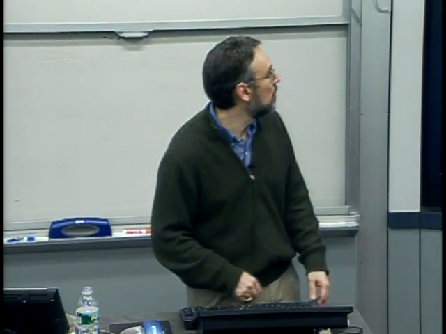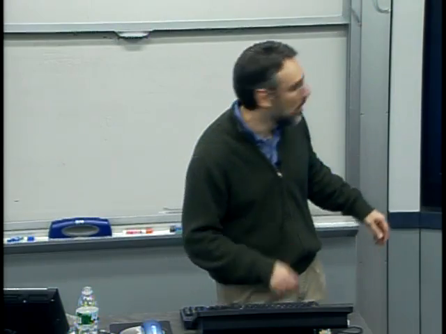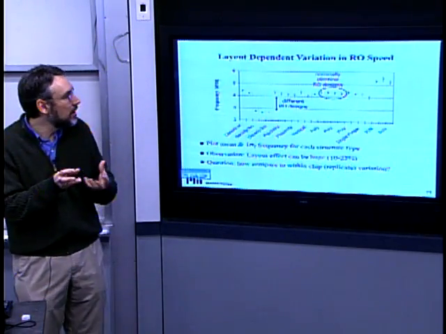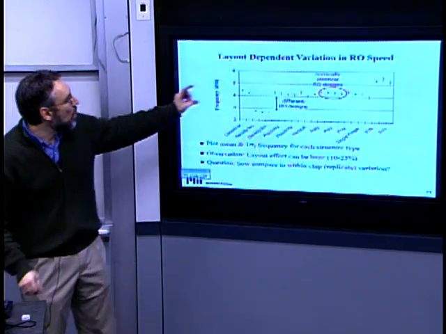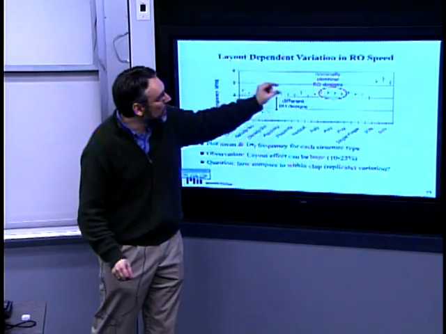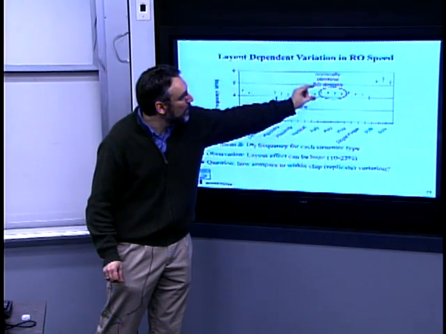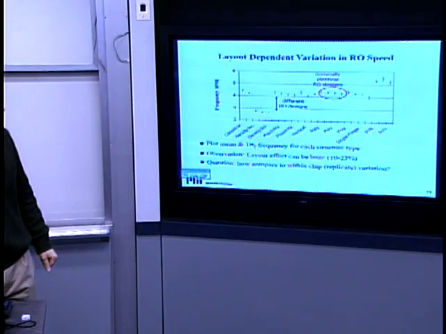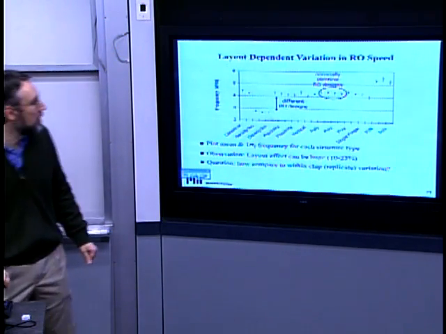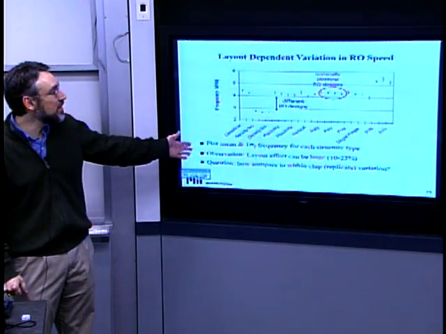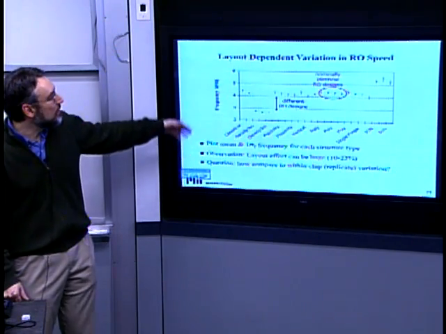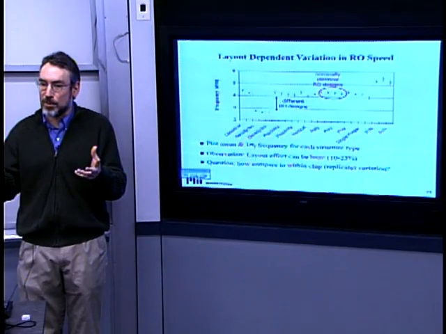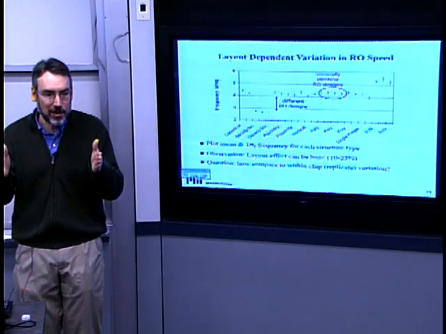You can also start to look and say, depending on how you designed the transistor, what kind of offsets do you get in the frequency, and what kind of variation do you get in the speed of the devices. What's interesting here is that many of these ring oscillator designs, from the circuit designer perspective, they think of them as identical.